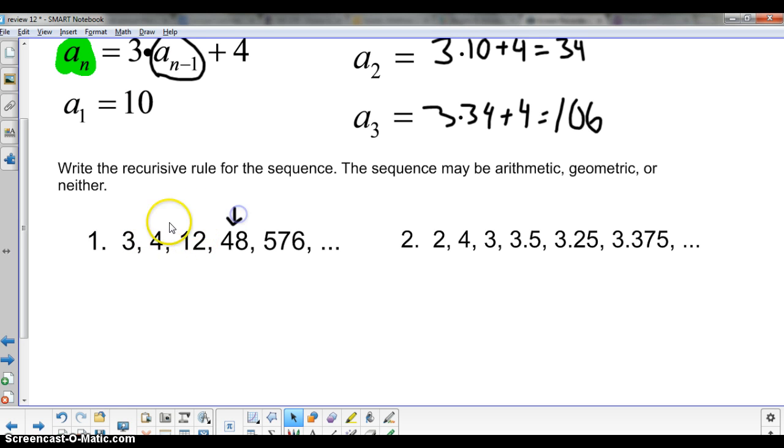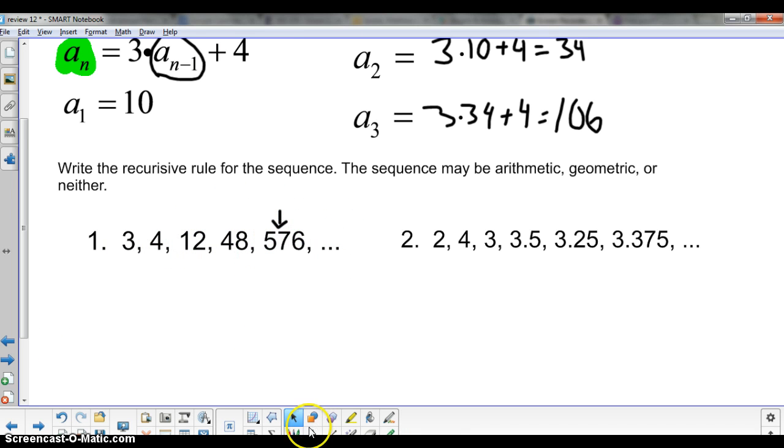Does it work for the next one? 4 times 12 equals 48. Does it work for the next one? 12 times 48 is 576. So I'm taking the previous 2 terms and multiplying them together to get this term, right? And that holds true here, 4 times 12, and it would if we continued on.